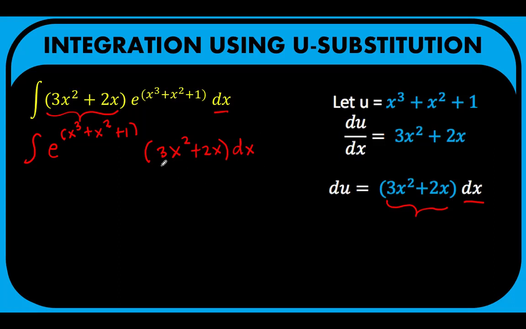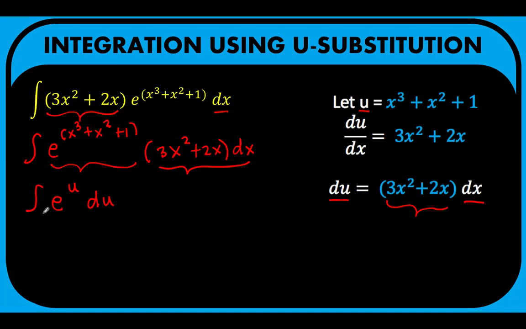Notice now that this part here is our du, and this factor is our e raised to the u, because u is x cubed plus x squared plus 1. Therefore, we can now rewrite this as the integral of e raised to u, and then this part is our du. But what is the antiderivative of e to the u du?